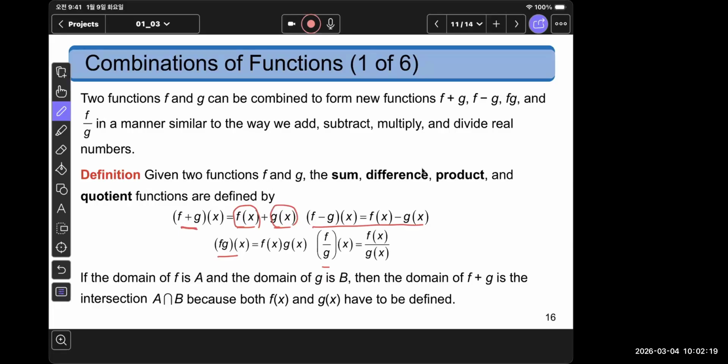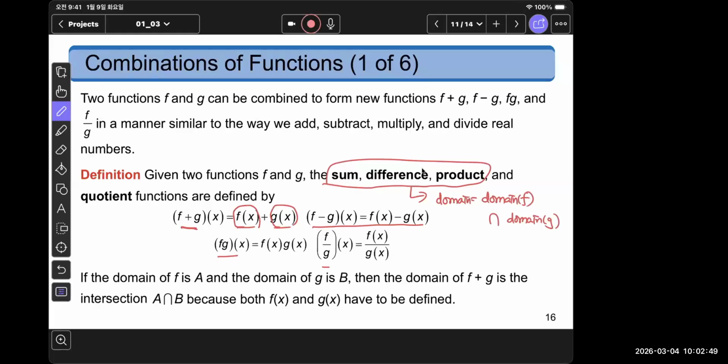So as long as f of x and g of x are defined, f plus g, f minus g, and f times g are well defined. So for those three, the domain will be the domain of f intersection with the domain of g.